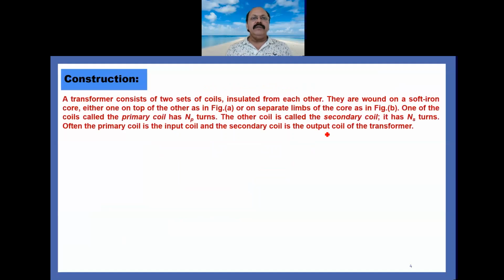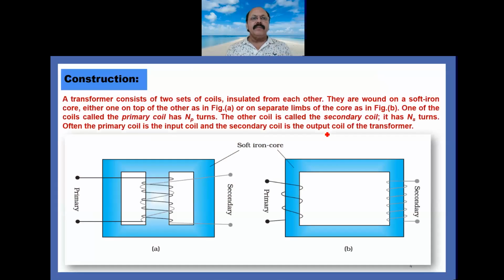Now the construction of the transformer. A transformer consists of two sets of coils insulated from each other, which you can see here in the diagram.